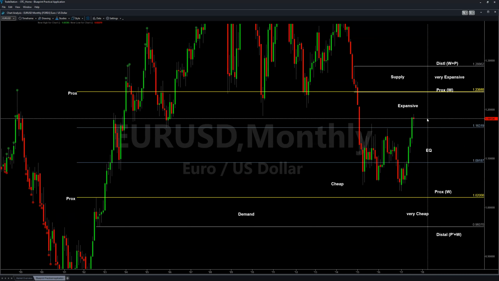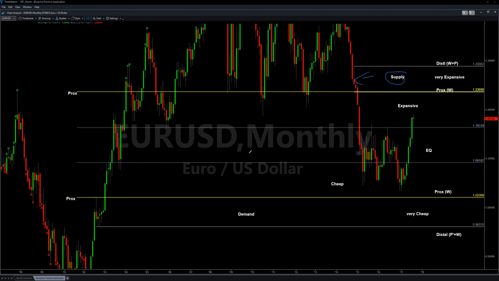We are short here. That means, okay, the supply area makes absolutely sense. Of course, guys, we can also use another time frame. We know we are expensive right now. We identified the supply on the monthly time frame. You found this supply here on the monthly time frame. We are expensive. You can also check on weekly, daily, 240, right, for supply, because we are expensive right now.